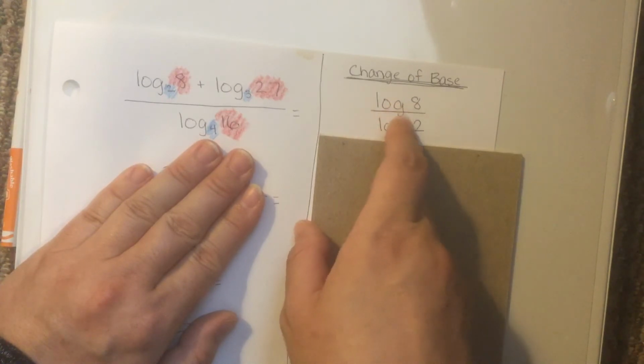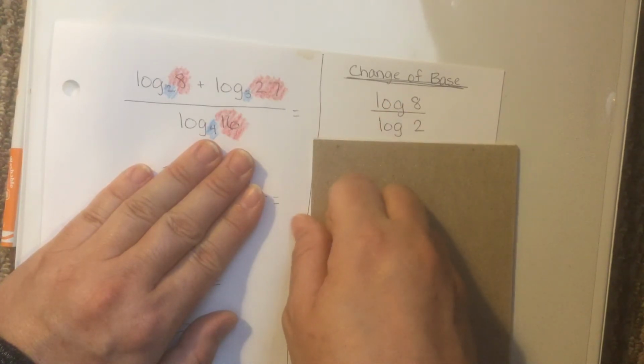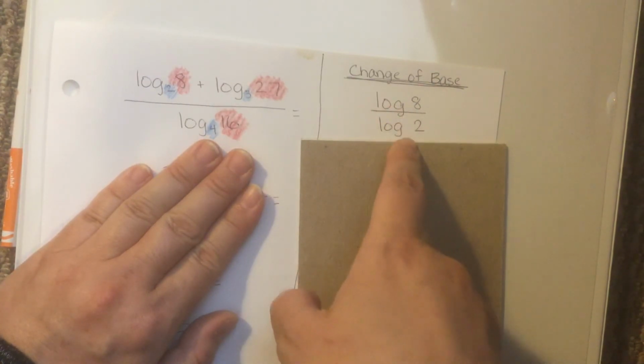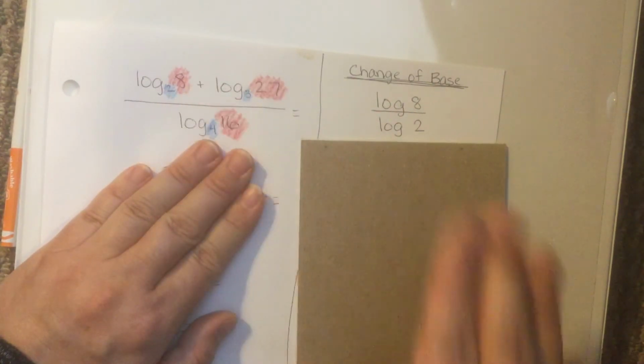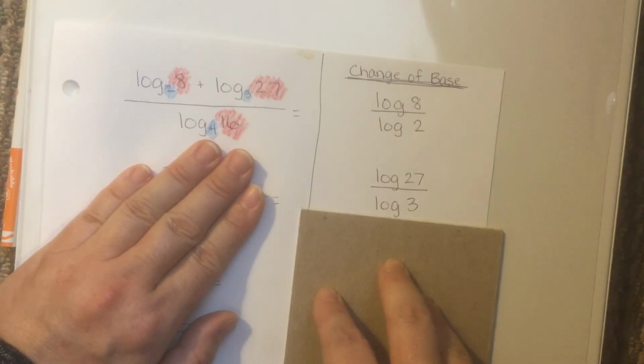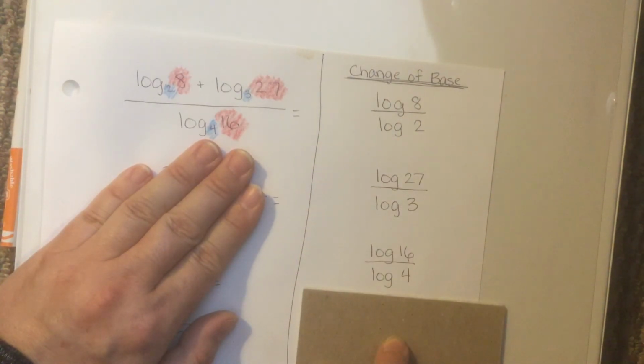Both times the log is base 10, which is what your calculator uses. So log of 8 divided by log of 2. One floats down, the other floats up. Log of 27 over log of 3, and log of 16 over log of 4.